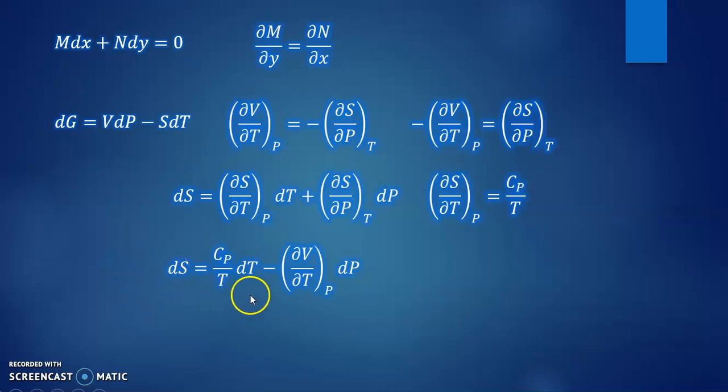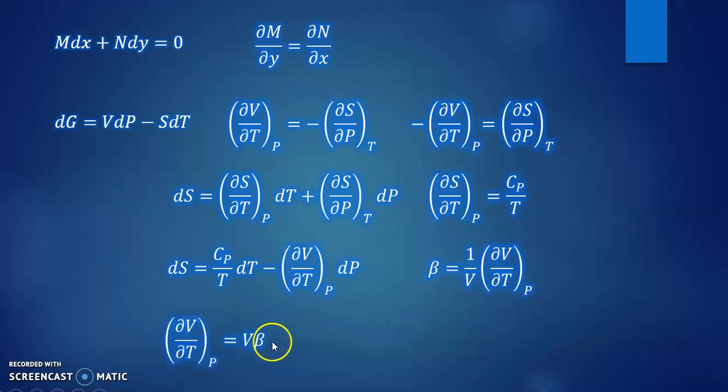Now we need an expression for dV and dT. For that expression, we must remember that beta, the isobaric expansion coefficient, is equal to 1 over V times the partial derivative of V with respect to T. From this expression, we're able to solve for this partial derivative, like that.